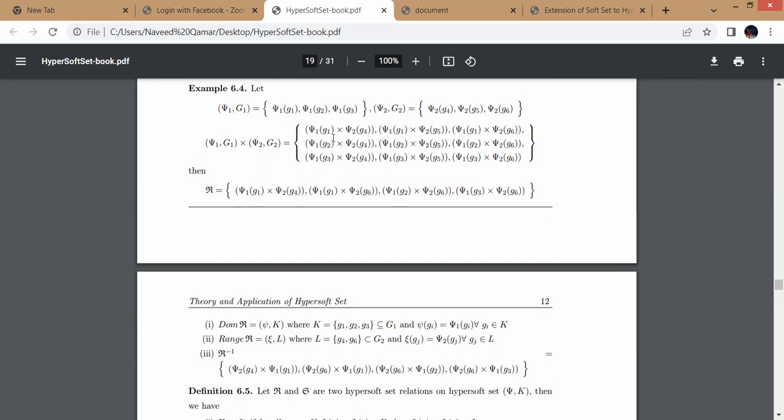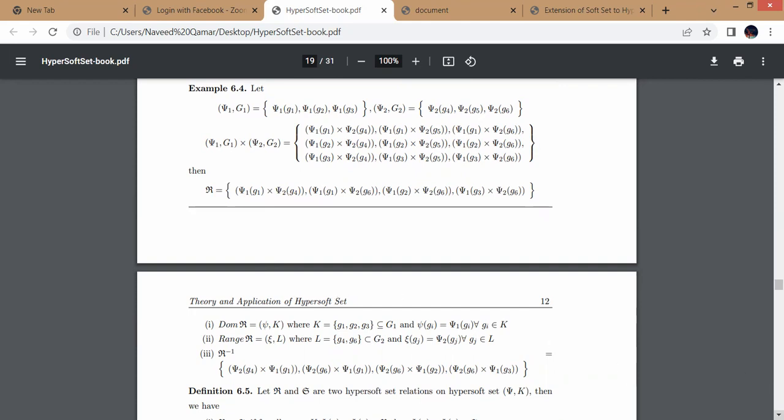Similarly, G2 with these three elements, G3 with these three elements. So this is the Cartesian product, and we can form a relation by picking any of these elements. The first element will be the domain and the second element will be the range of this hypersoft relation.